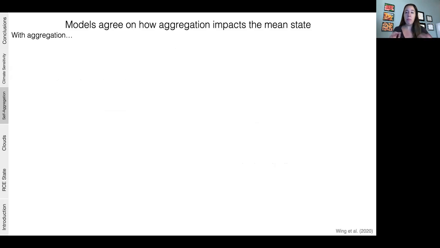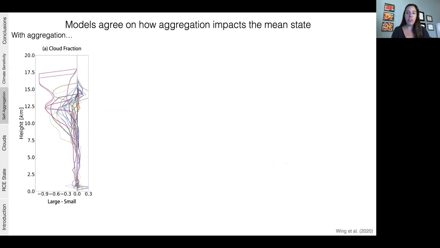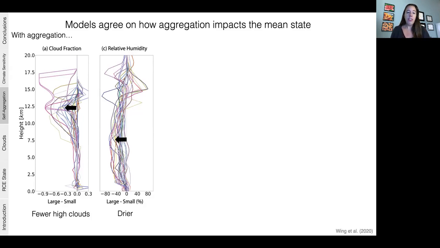And so we can compare pairs of large and small domain simulations for each model to understand the impact of aggregation. And looking at the average profiles for the large versus small domains, we find that with aggregation, there are robustly fewer high clouds. There is a drier atmosphere, both in terms of relative humidity at individual levels, as well as an integrated metric such as precipitable water. As we go from small to large, we have a decrease in that quantity.